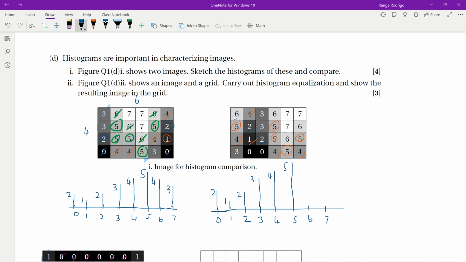With 6 we have 1, 2, 3, 4. With 7 we have 1, 2, 3.